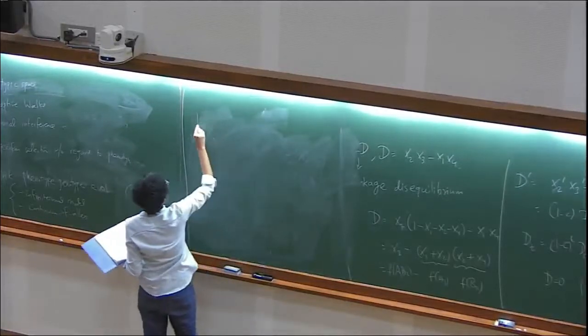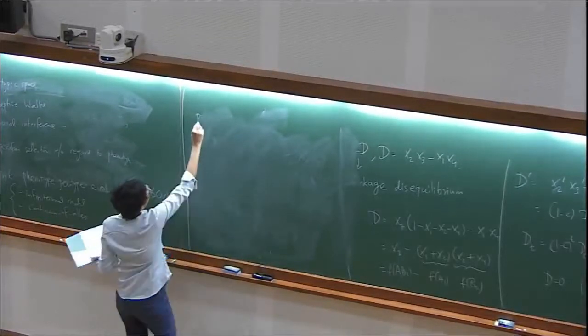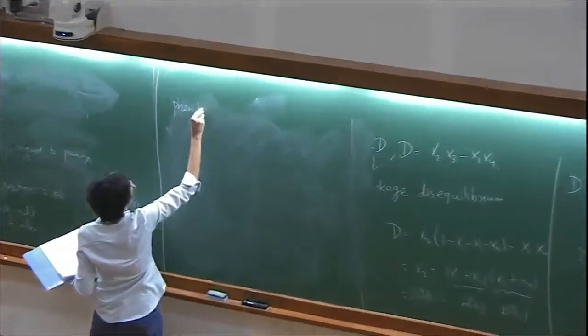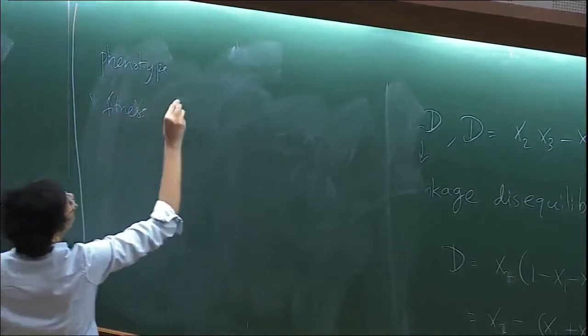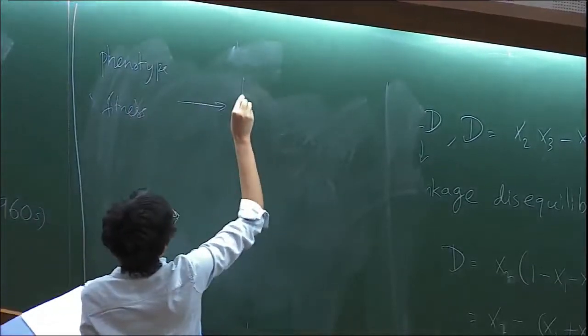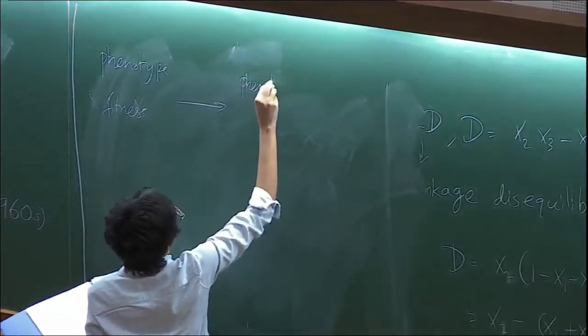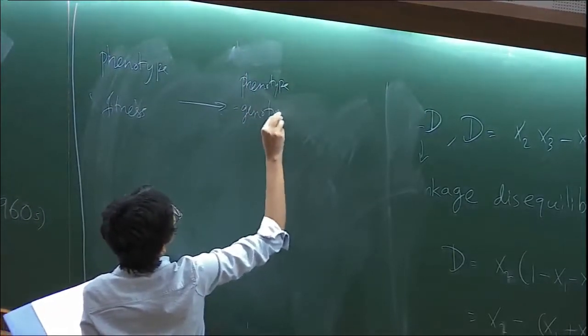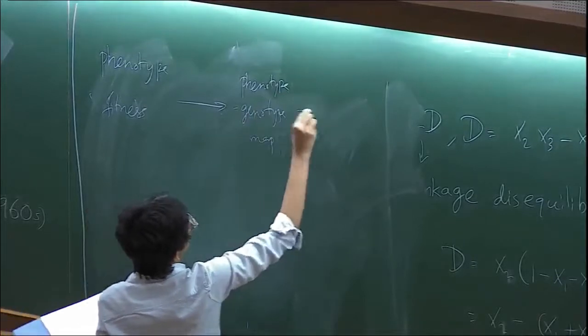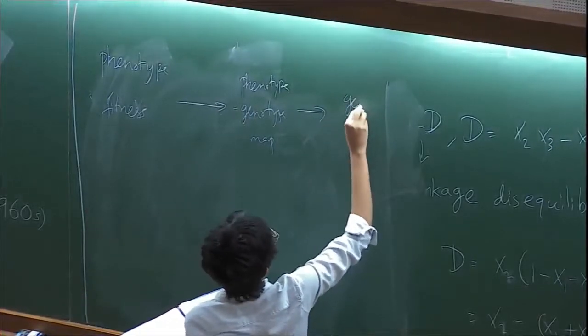So I said the proper thing to do would be to look at phenotypic fitness, have a phenotype-genotype map, and therefore arrive at the genotypic fitness.